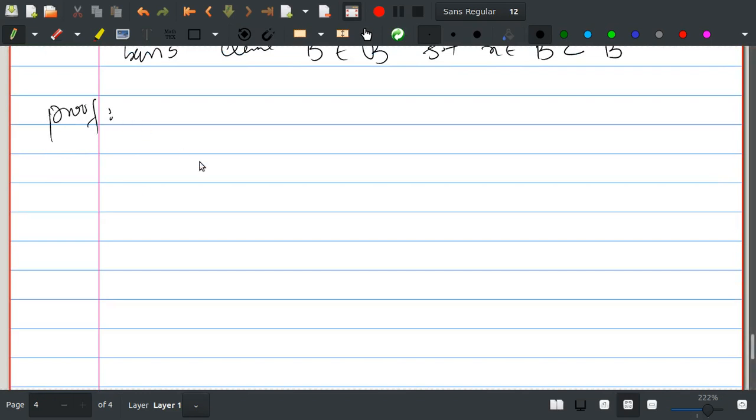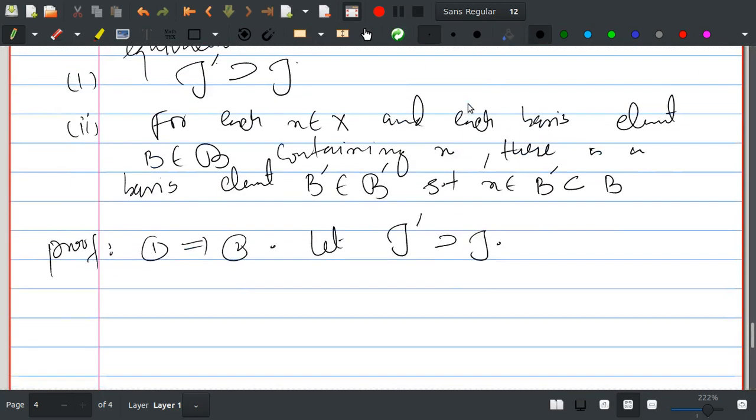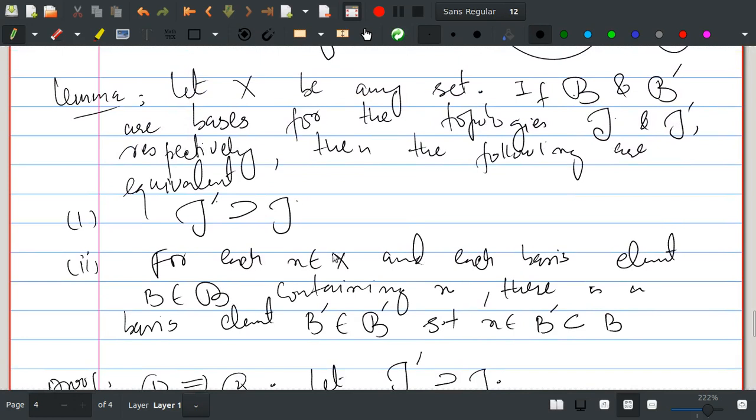First we are going to prove that first implies second. I mean, we are going to assume the first is true. So let T prime be finer than T. This is our assumption. We have to prove the second. That means if we are given an element x in X and a basic element B in B which contains x, we have to prove there is some B prime in B prime with this condition.